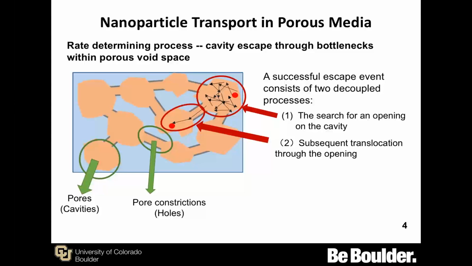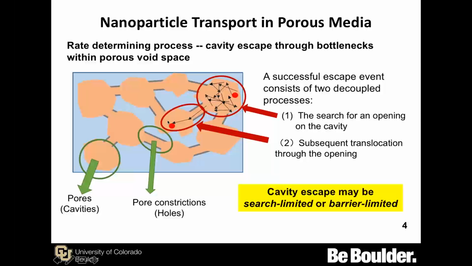So during this project, I just want to quantify how fast, given a nanomotor confined in this kind of sphere, it takes to translocate from one cavity to another. First I want to introduce that this kind of escape process could be search limited or barrier limited.